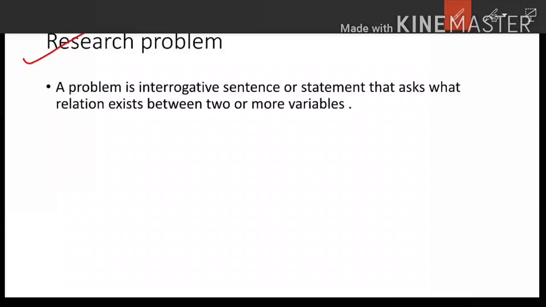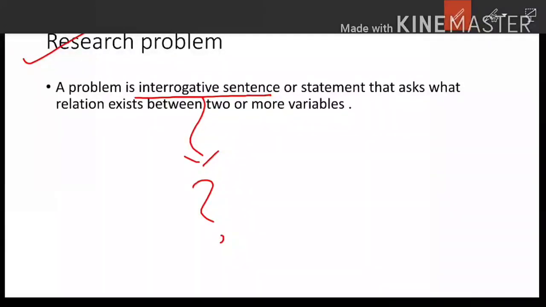Now what exactly is the definition of the research problem? You can get this statement as the stem of a question, and then they can ask you which particular word defines this stem. The definition says a research problem is an interrogative sentence, something in which you put a question mark at the end.